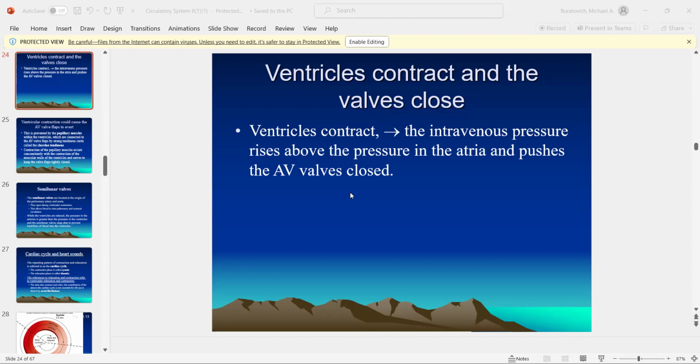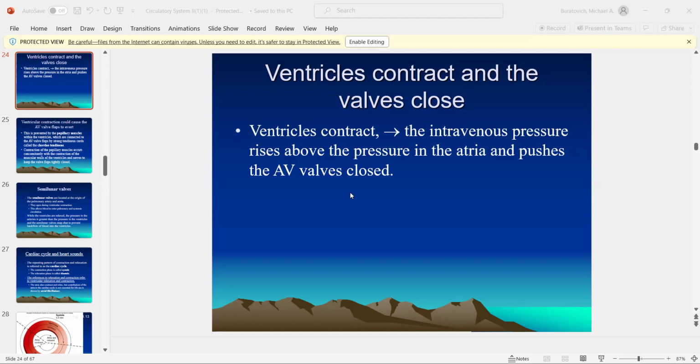When the pressure in the atrium exceeds the pressure in the ventricle, the atrioventricular valves open. The transfer of blood then goes from the atrium to the ventricles. When the pressure in the ventricles exceeds the pressure in the atria, the AV valves shut. They respond to pressure. They're not contractile tissue. Instead, they respond to pressure changes caused by the contraction of the myocardium.